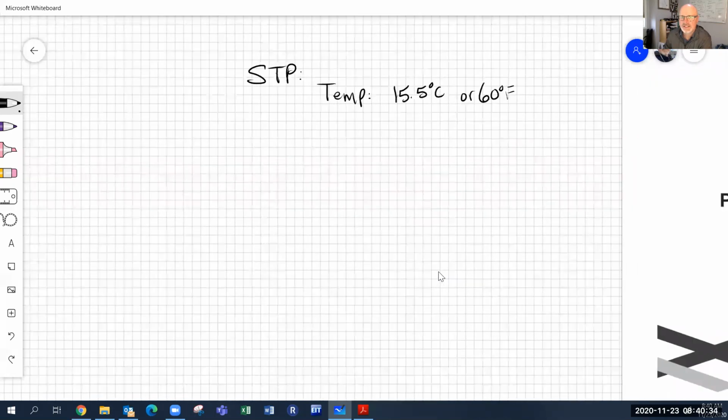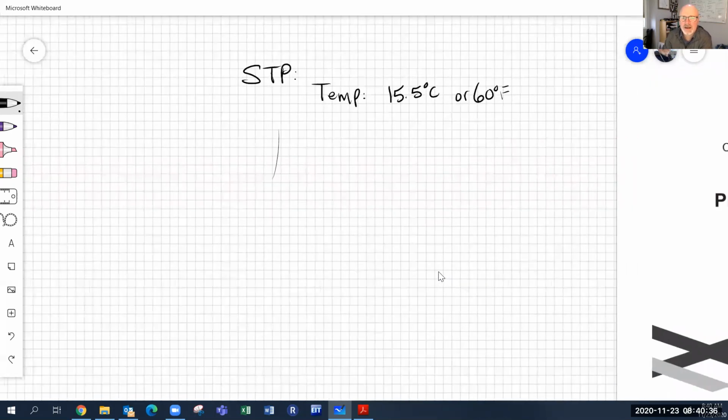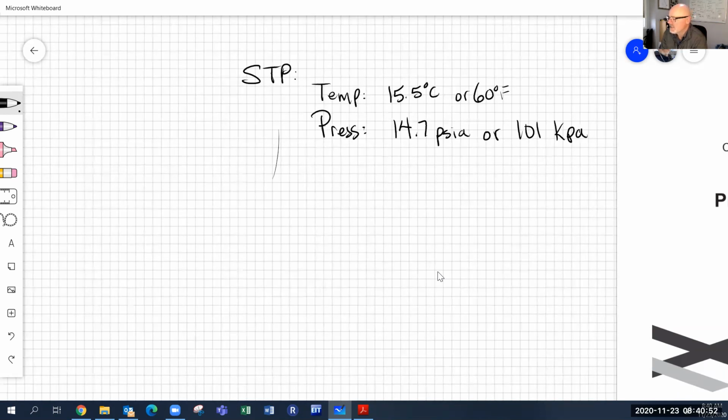We know that to be our standard temperature, and our standard pressure was classified as atmospheric pressure at 14.7 psi or 101 kPa, and that is a metric equivalent, but that is the weight of the atmosphere that is exerted above us at sea level.